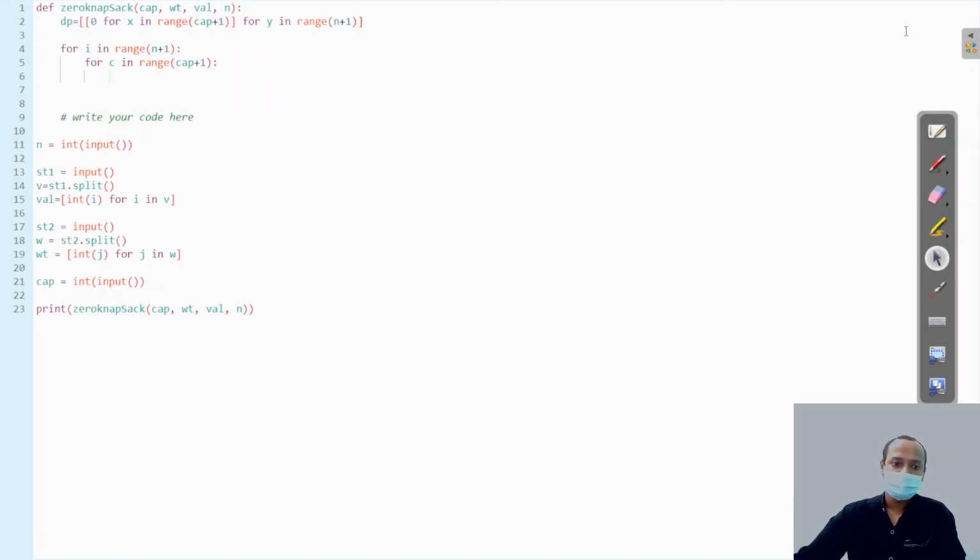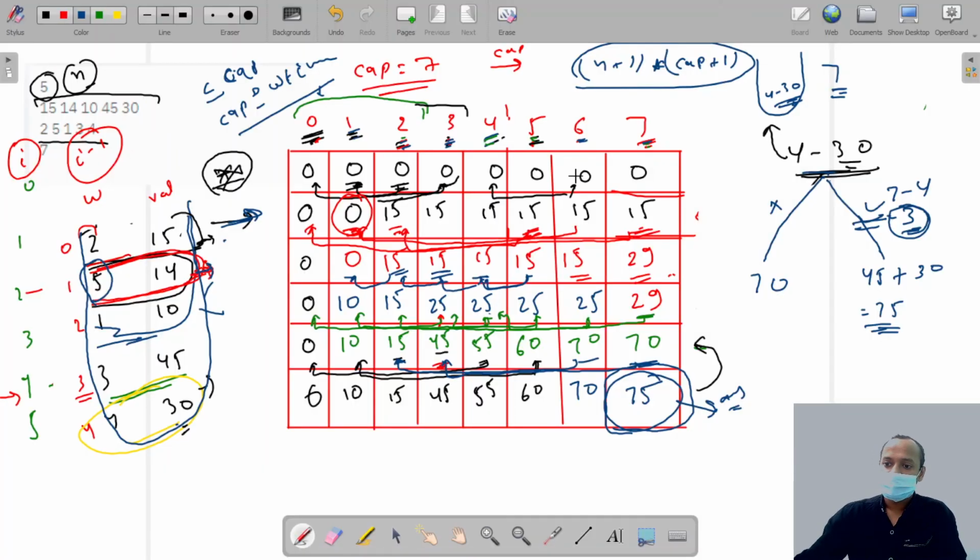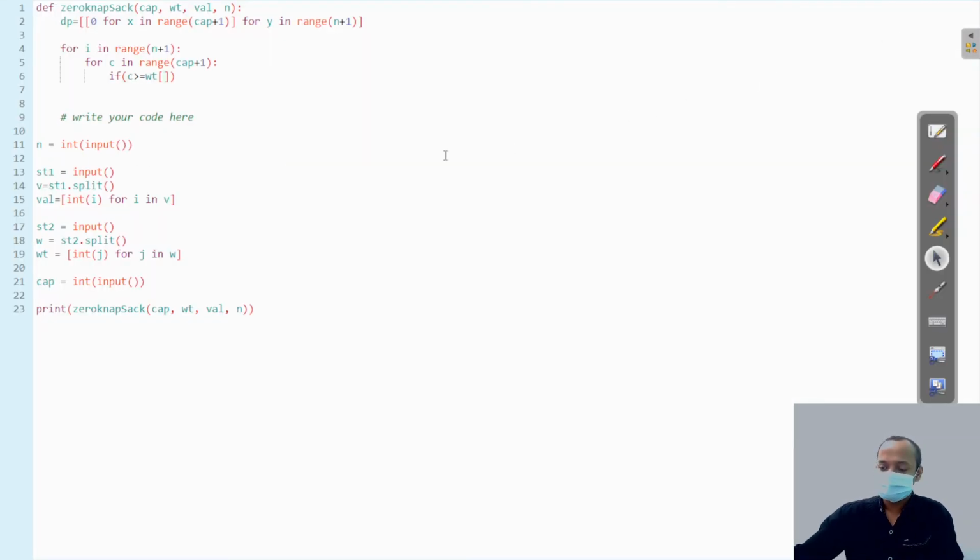So I'm writing: if the capacity c is greater than or equal to the weight of the item. And where we get the weight? If the index is i, then the weight we get at i minus 1. So here I'm writing weight of i minus 1.